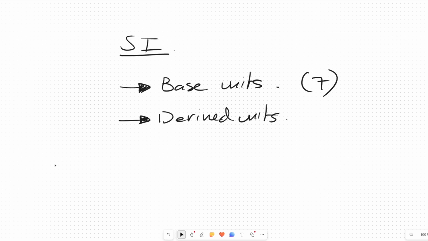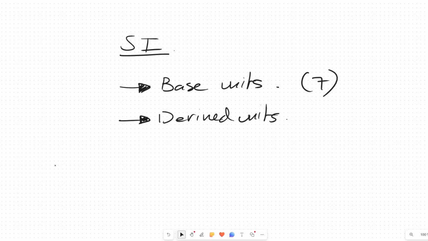These 7 base units are length, mass, time, electric current, temperature, amount of substance, and luminous intensity. So knowing those 7 properties and assigning those 7 properties 7 units to measure them, we can then create all the other properties that we can measure in different objects.